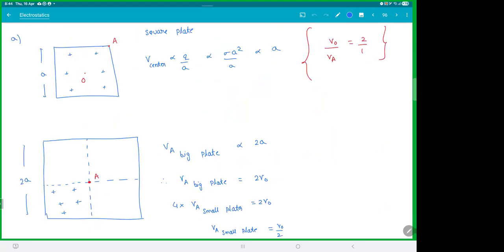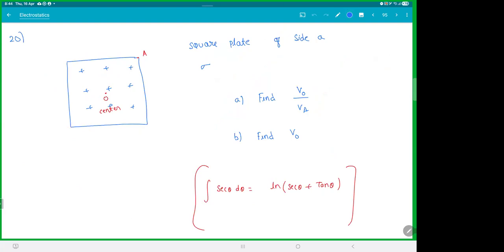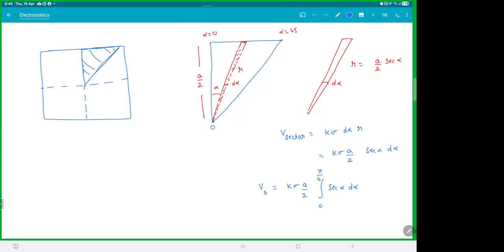And in case you don't know sec alpha integration, I gave you this. That's ln of sec theta plus tan theta. That would be K sigma a by 2 ln of sec alpha plus tan alpha, limits from 0 to pi by 4. When you put pi by 4, you'll get root 2 plus 1. When you put 0, you'll get ln 1, that's 0 anyway.